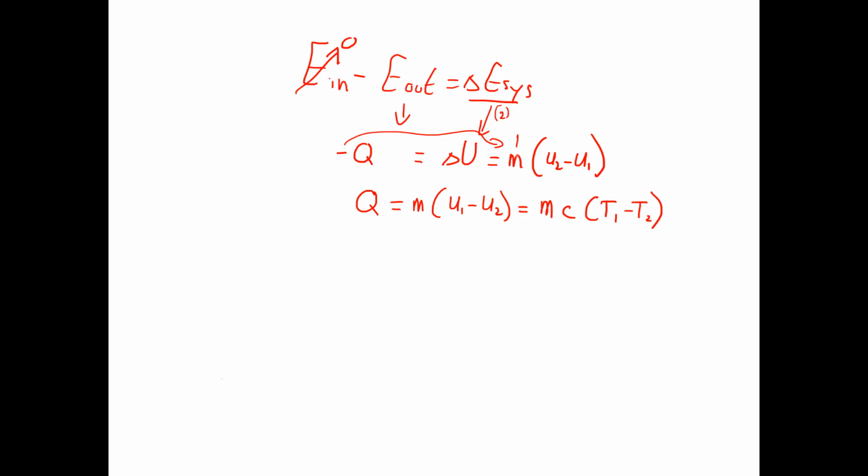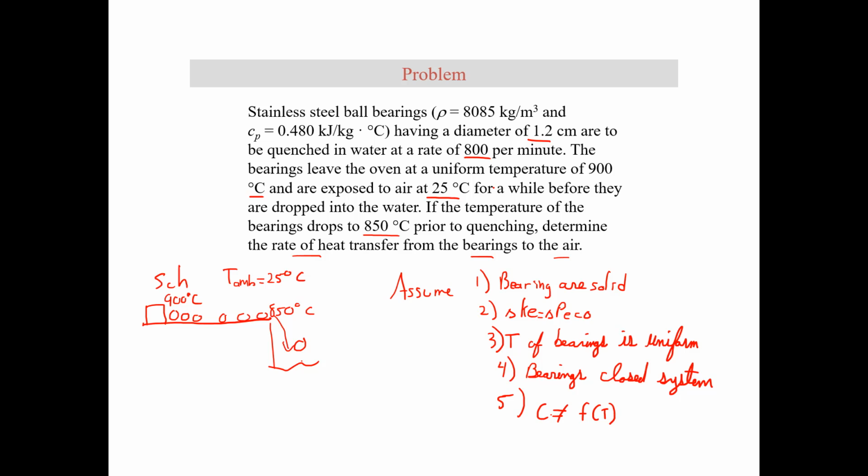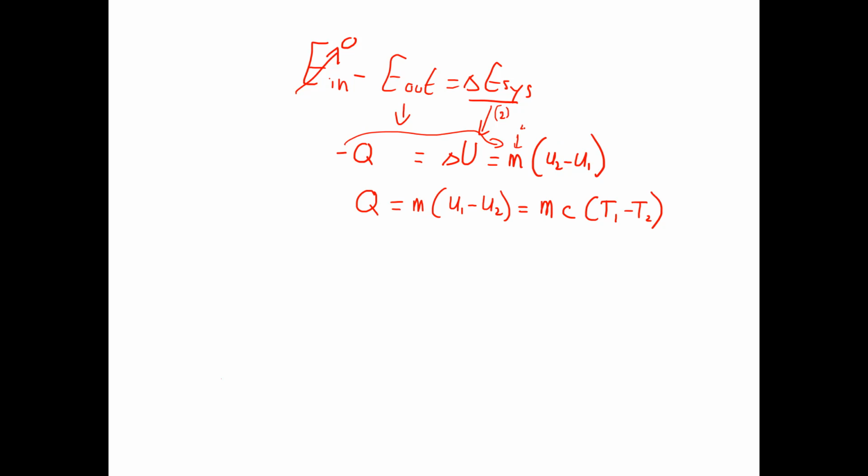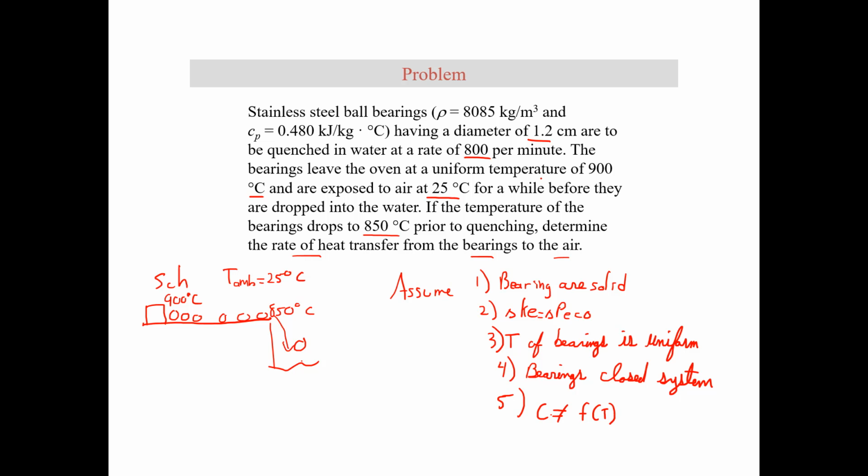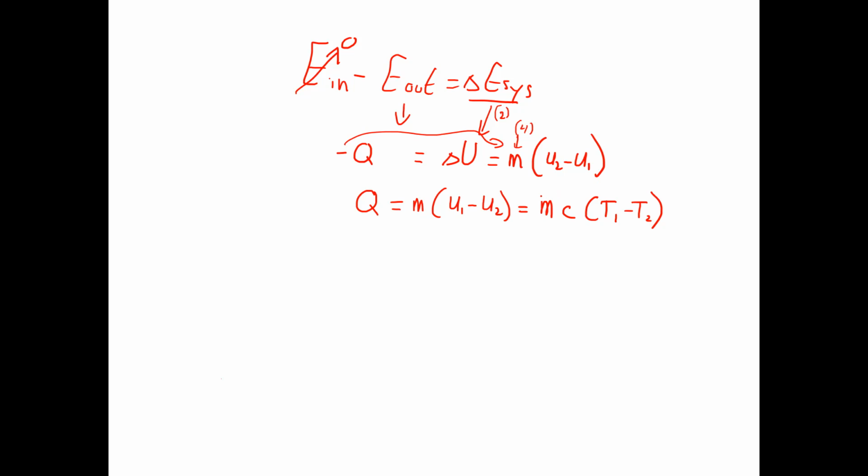Factoring out the mass is assuming it to be a closed system, which is assumption number 4. Equating delta U as C delta T is assuming constant specific heats, which is assumption number 5.